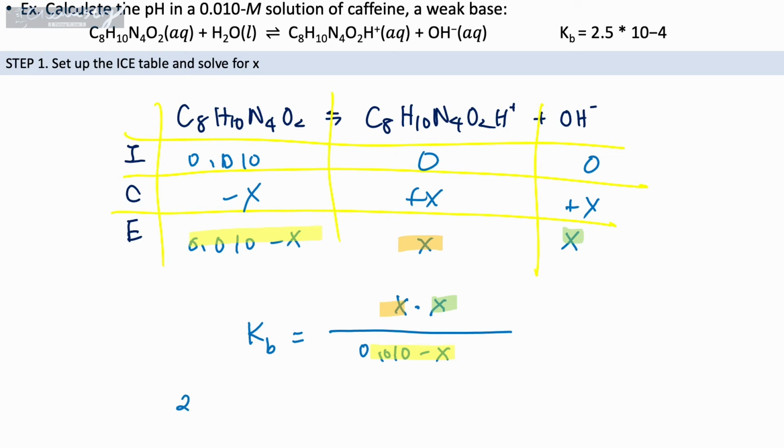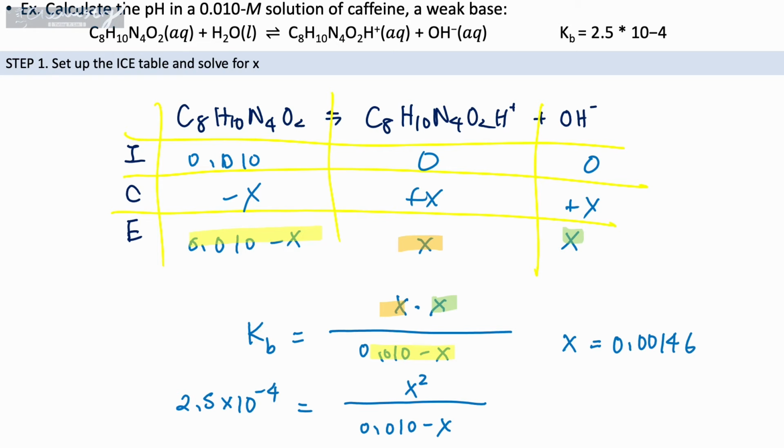So that is going to be 2.5 times 10 to the negative 4 is equal to x squared divided by 0.010 minus x. And we can solve for x to be 0.00146. And the other answer from the quadratic equation is negative 0.00171. Again, we know that it's not the case because it's a negative number.